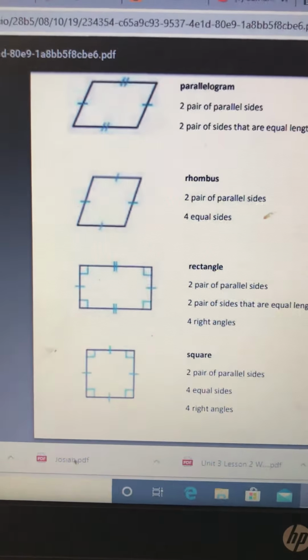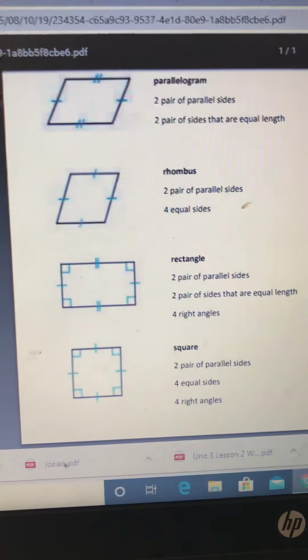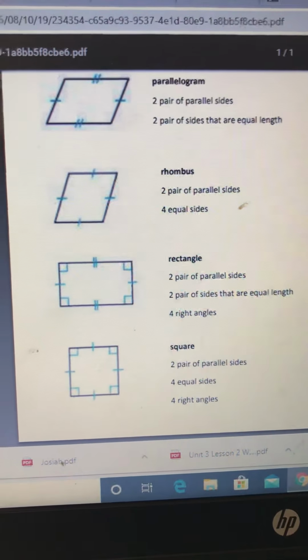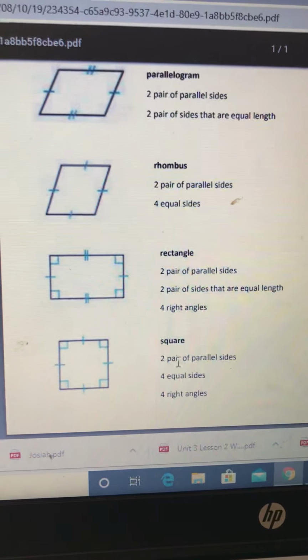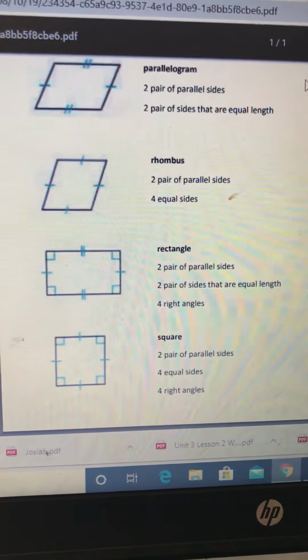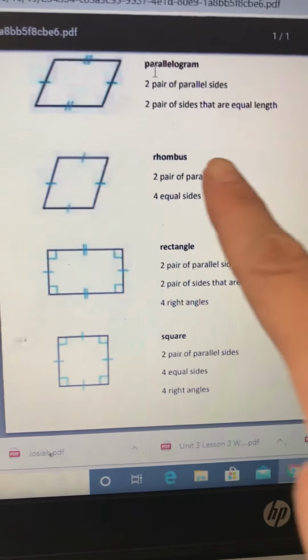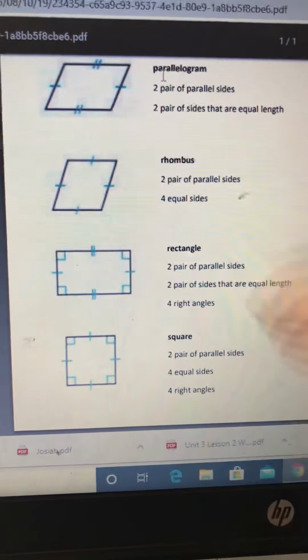Okay. Now the thing about quadrilaterals is we can give them other names. For example, if you're talking about a square, what is another name we can give a square? Well, a square has two pairs of parallel sides, which by definition is a parallelogram.